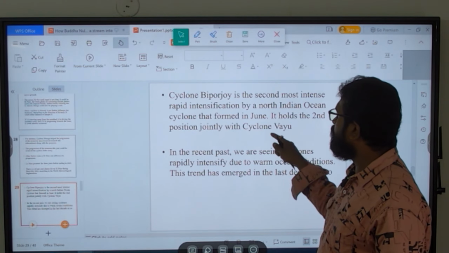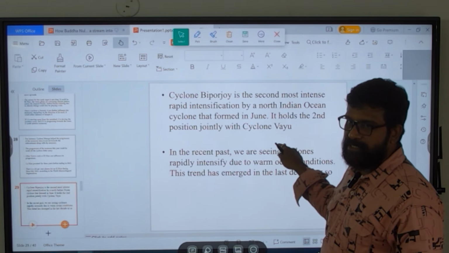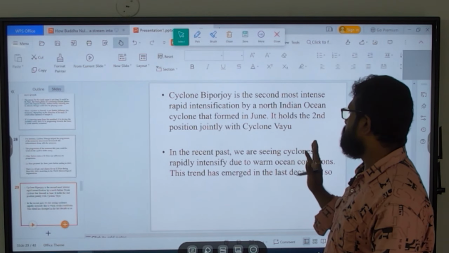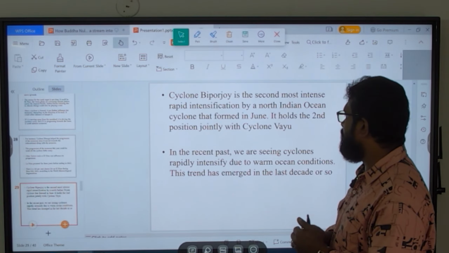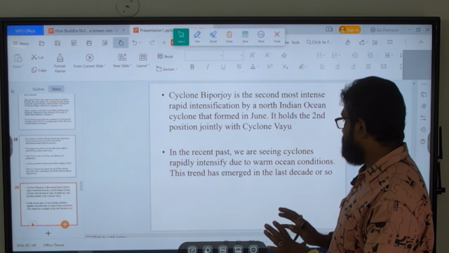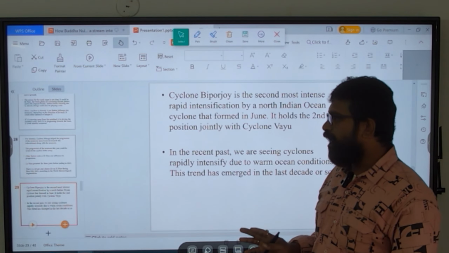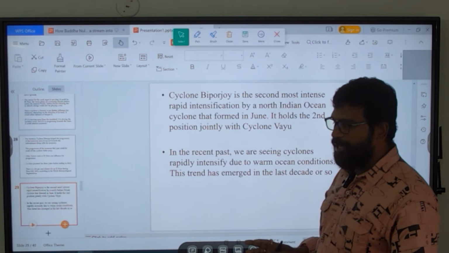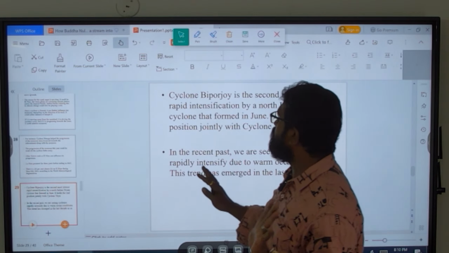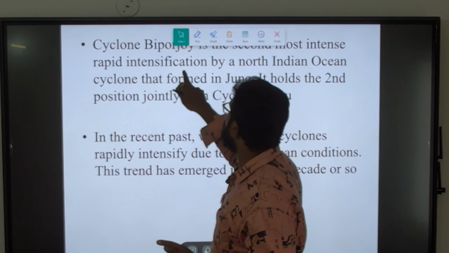Actually, Vayu is the most rapidly intensified cyclone. In the recent past we are seeing cyclones rapidly intensify due to warm ocean conditions. This trend has emerged in the last decades or so. If we have a very warm oceanic influence, the cyclone will be very, very strong. So these are the basic things we have to know about this.